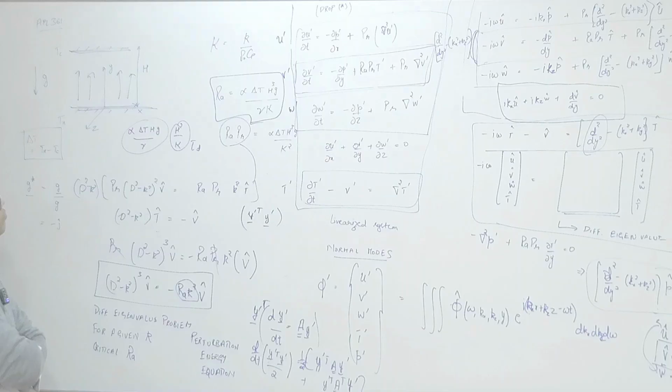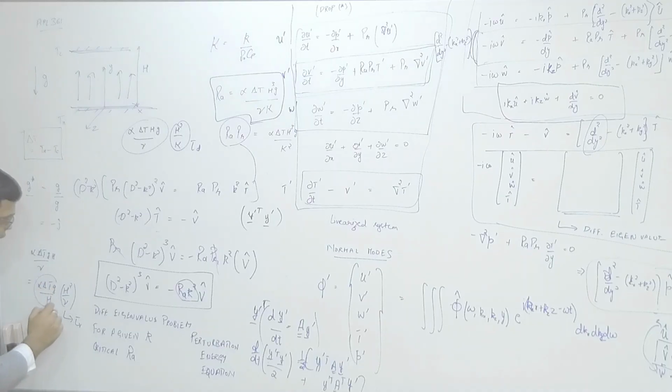So let's say I write this alpha delta t g over nu h as alpha delta t g over h and then an h square by nu. What is this communicating to me? So h square by nu is viscous time scale, let us say.